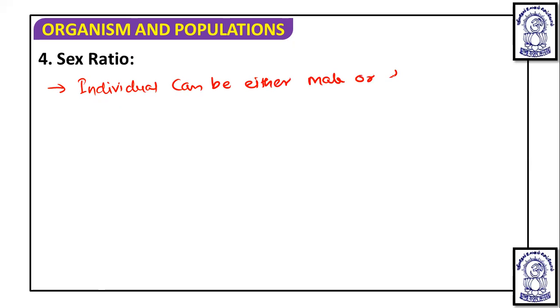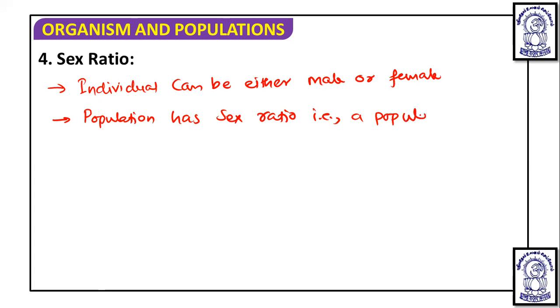Individuals can be either male or female, but a population has both male and female.